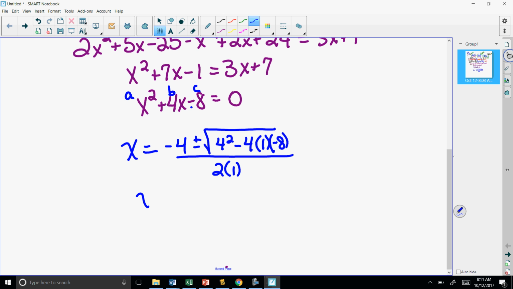If I solve, do you know how to complete the square, Josiah? Okay. So we get negative 4 plus or minus the square root of 16 plus 32 all over 2.